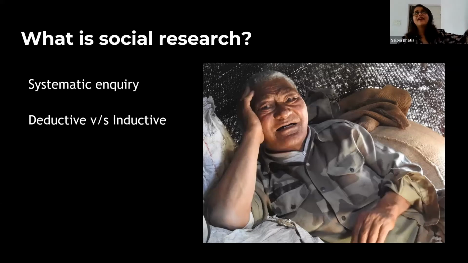You just say, let me go and see what's out there, and then record that information and build something out of that. So you go in with a blank slate in that sense, and you avoid influencing the findings, or you avoid bringing in your research biases.